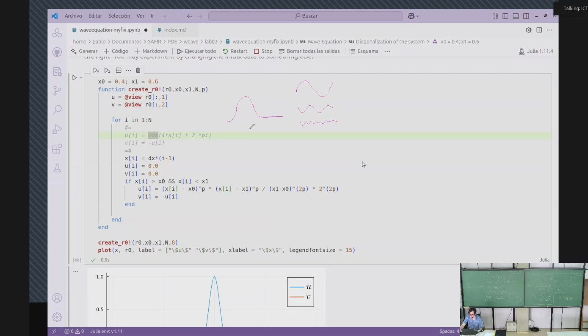So f of x will be some sum of sines of k times x times some coefficients c sub k, or cosines here also, right? This will be our solution. We can do some Fourier transformation, and we will get this, okay?